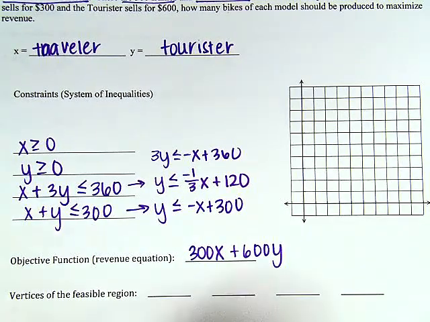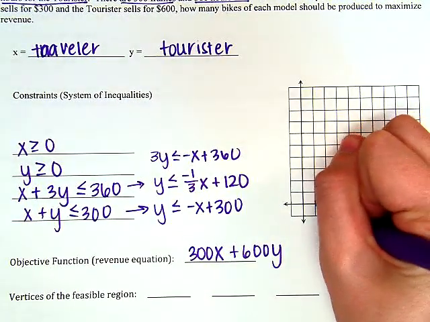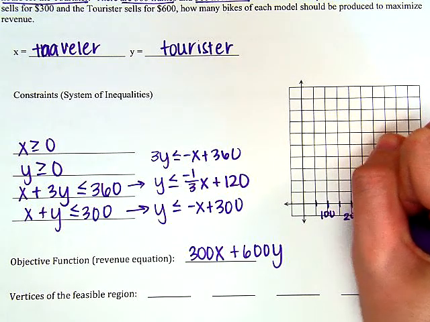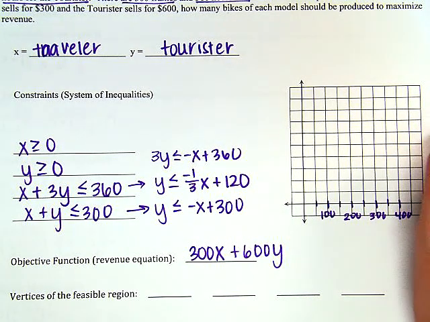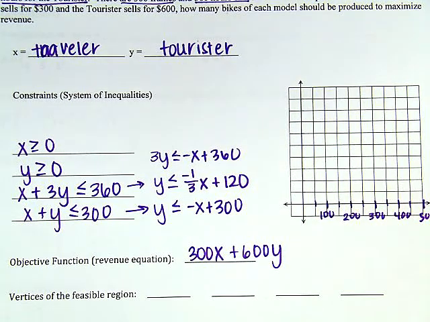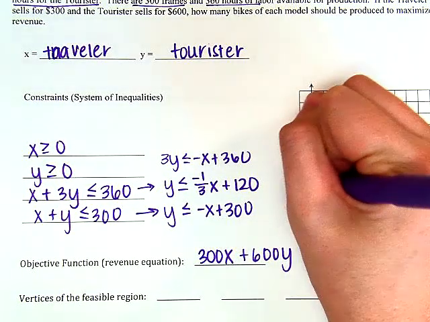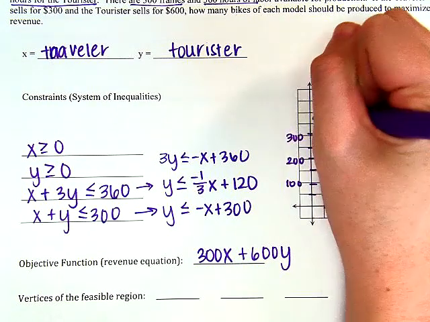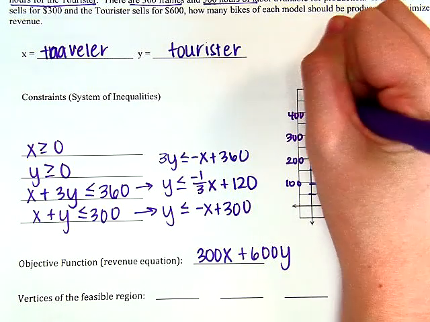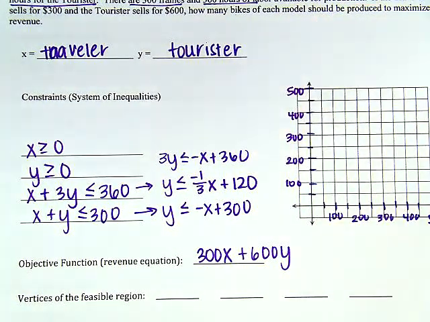So when I graph this, let's go by 50, 100, 200, 300, 400, 500. Same thing here: 100, 200, 300, 400, 500.